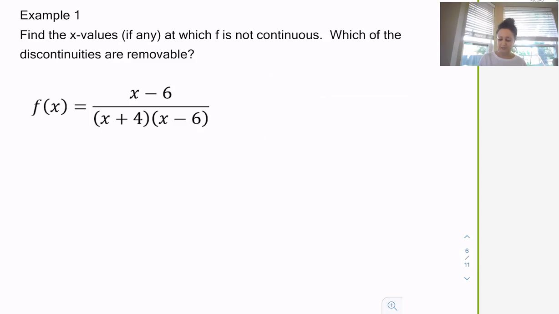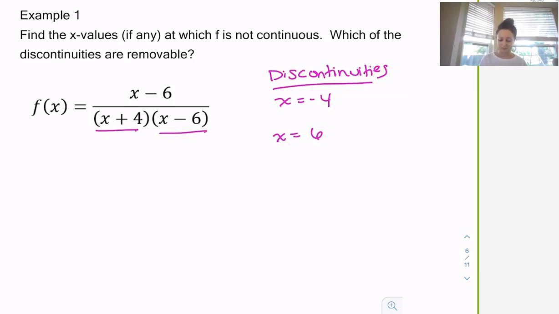Okay, so my discontinuities are at x equals negative 4 and x equals positive 6, right? Whatever x values would make the denominator 0.